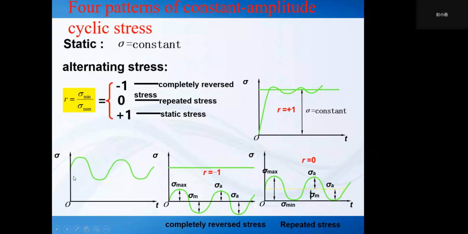It is an alternating stress with a non-zero mean value. It can be regarded as the superposition of a completely reversed stress on a static stress. This is a fluctuating stress.